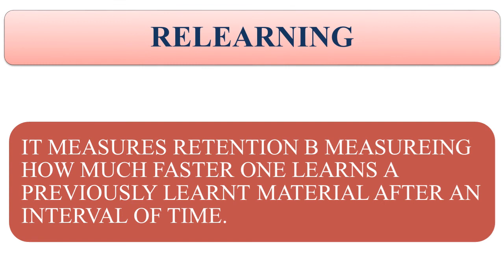Relearning refers to the speed with which a subject can learn the learned material a second time. The amount of retention is shown by the difference in number of trials and time taken between the original learning and relearning. So, the saving score is equal to original learning trials minus relearning trials, divided by original learning trials, into 100.